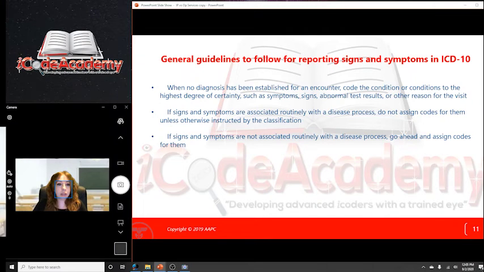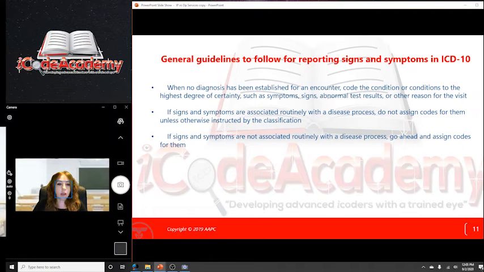Well, a cough and a fever goes hand in hand. It's a part of the disease process for pneumonia. So we're going to code for the pneumonia. We're not going to code for the cough or the fever.